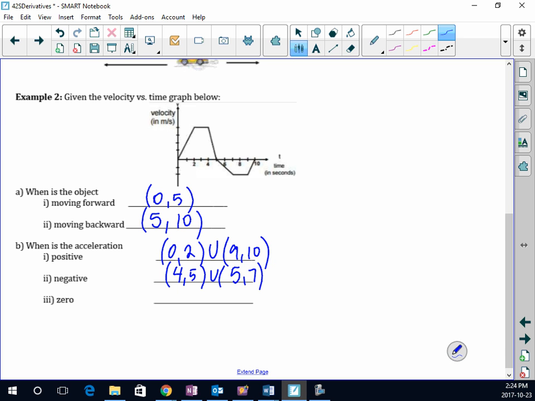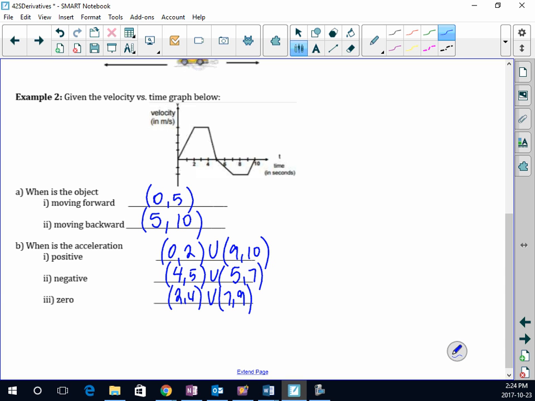So the question is, at 5, you can't find the slope at 5, so you can't include it there, right? Okay, 0 slope. That's where you have the flat part, right? So 2 to 4 and 7 to 9.